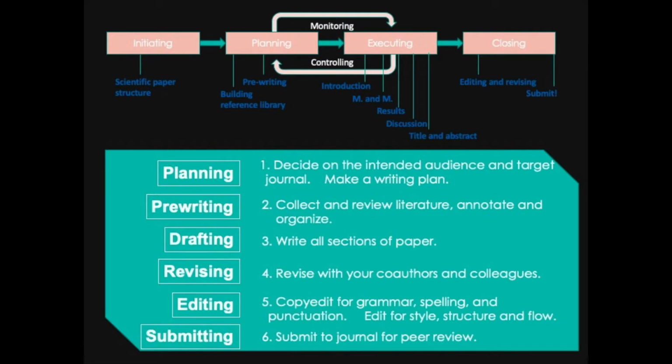So in the planning part of writing a paper, which is also in the planning part of the project management approach, first think about our intended audience. That is, who do you want to read your paper? So think very carefully about the characteristics of that audience. Which journals do they read?